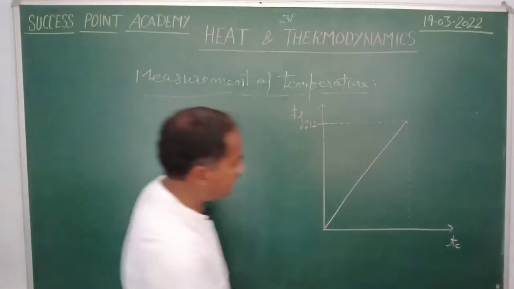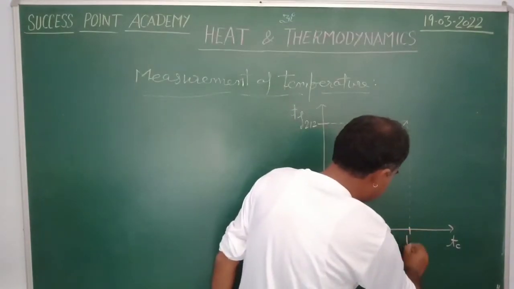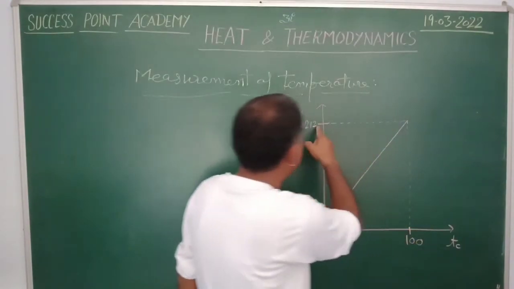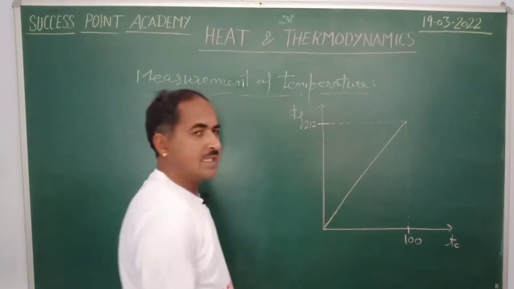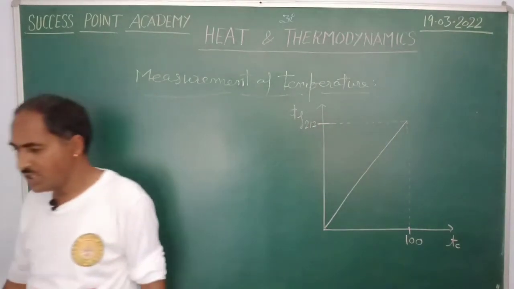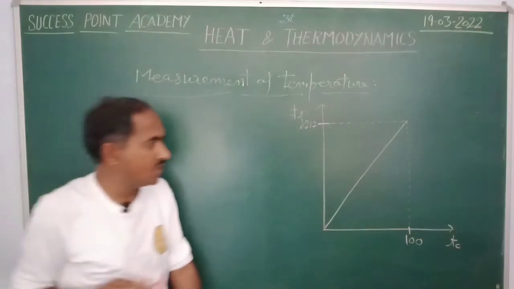So 100 divisions of temperature on the Celsius scale come here and 212 comes here. This is the graphical representation of the relationship between both.